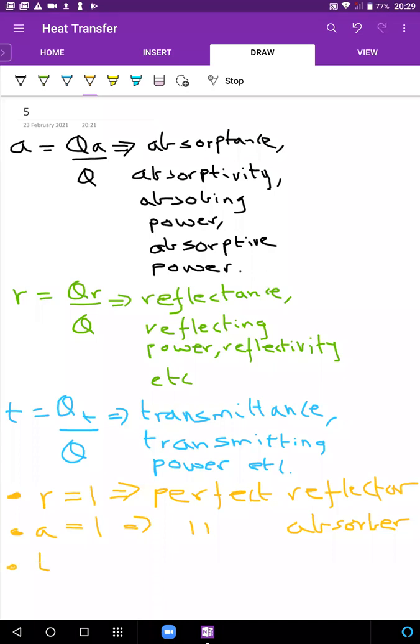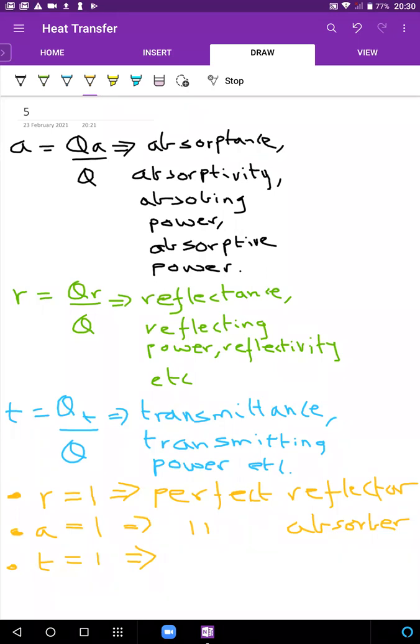And if any one of them is 1, the other two are naturally 0. So if R is 1, that perfect reflector neither absorbs heat nor does it transmit heat. It just reflects all of the heat or all of the light. So you would expect a mirror, something shiny, to be a good reflector in that sense.